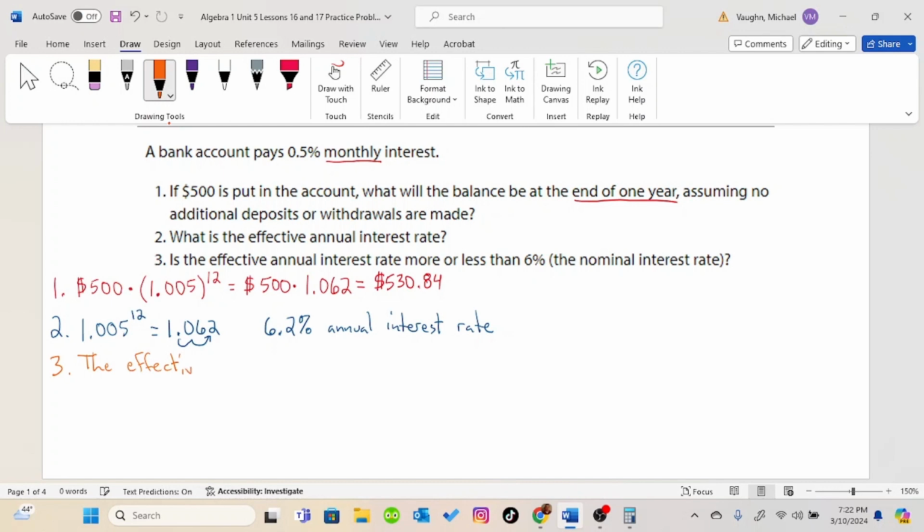The effective annual interest rate is more than 6%. It is 6.2%.